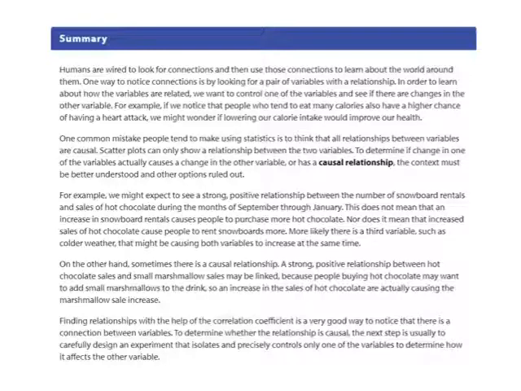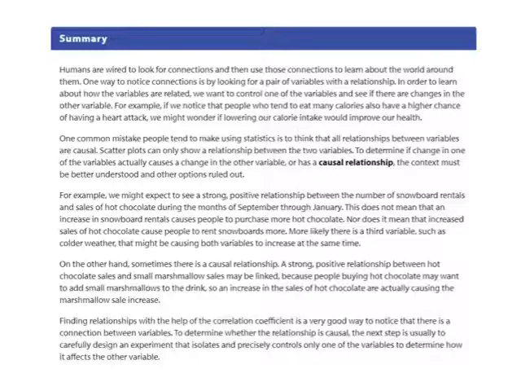Another example is this one. Here it says there's a strong positive relationship between the number of snowboard rentals and sales of hot chocolate during the months of September through January. So you would think when it's colder, you're going to have more snowboard rentals and more sales of hot chocolate. But it does not mean that an increase in snowboard rentals causes people to purchase more hot chocolate.